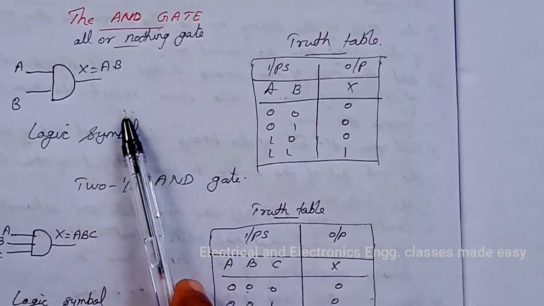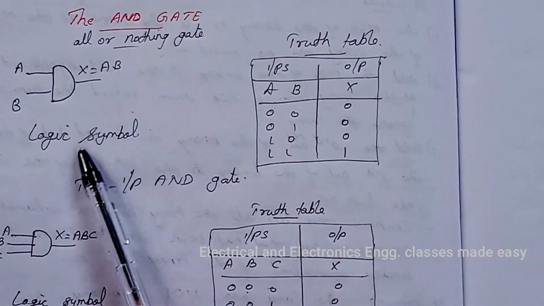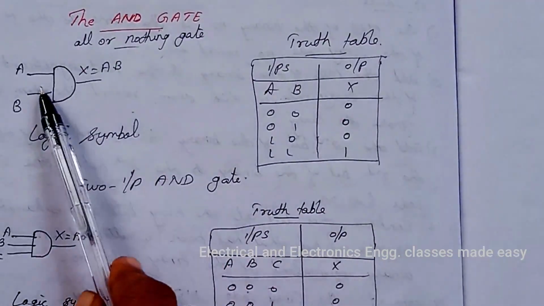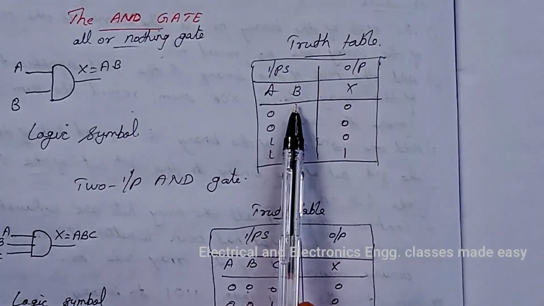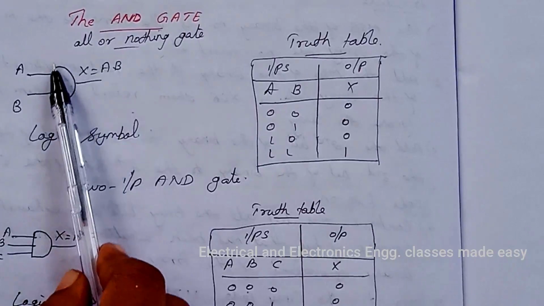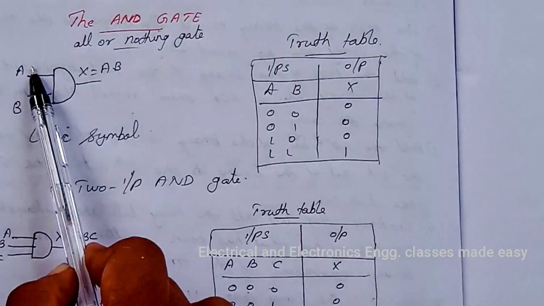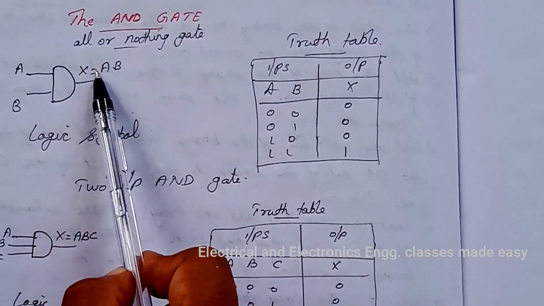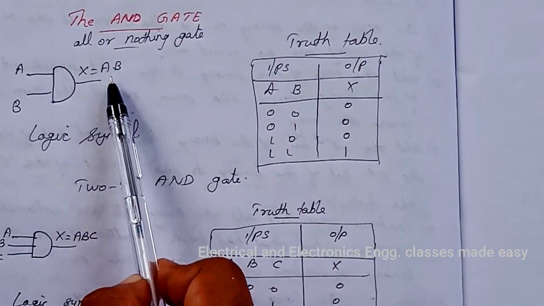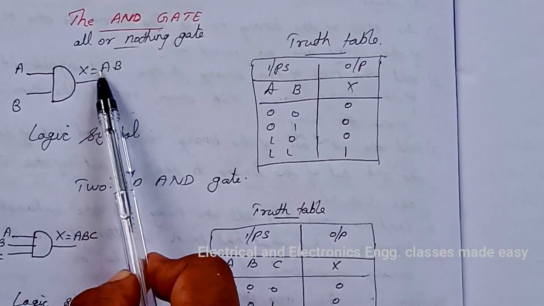And the logic symbol and truth table of the two input AND gate is shown here. So this is the logic symbol for the two input AND gate. A and B are two inputs and X is the output, and X is equal to AB.